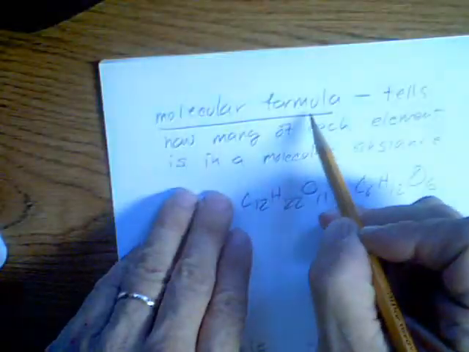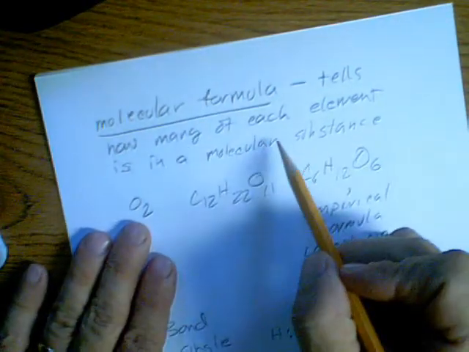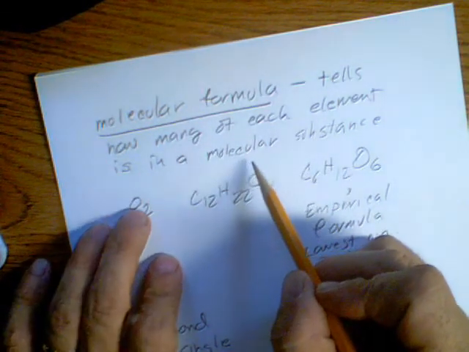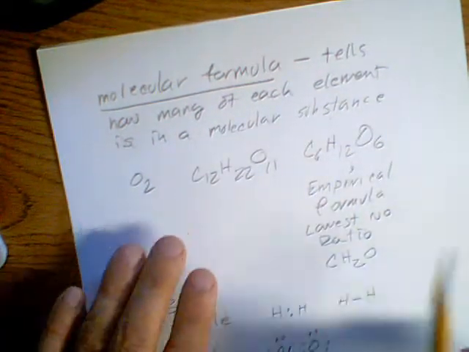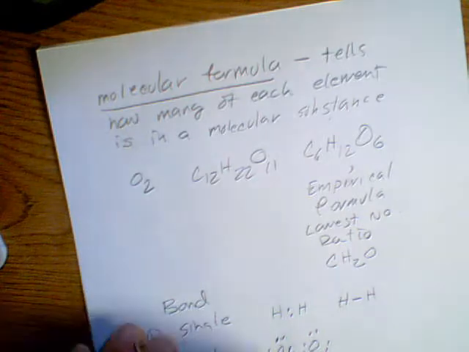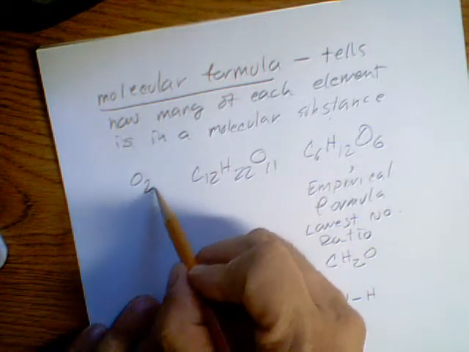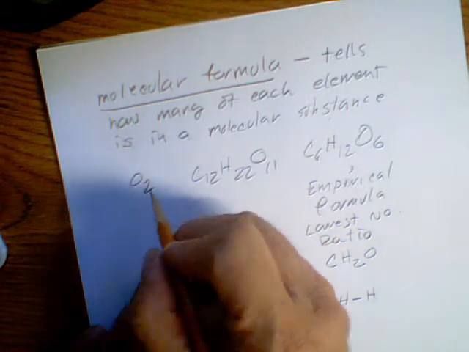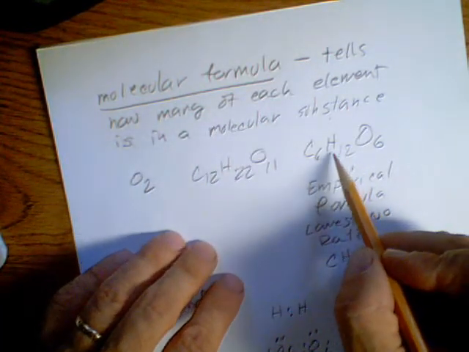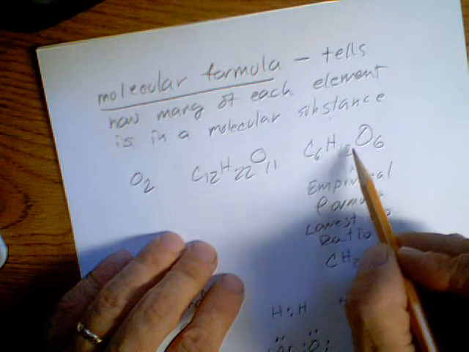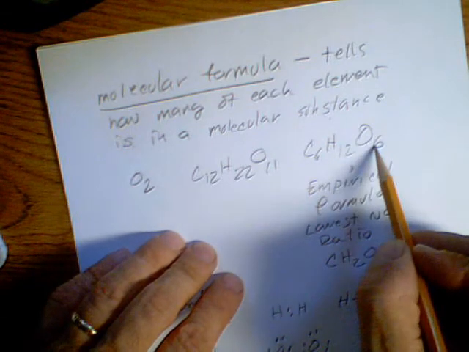Now, a molecular formula tells us how many of each element is in a molecular substance, a molecular compound, for example. Here we have O2, which tells you that there's two oxygens. And we have C6H12O6, but that's not in its lowest terms.